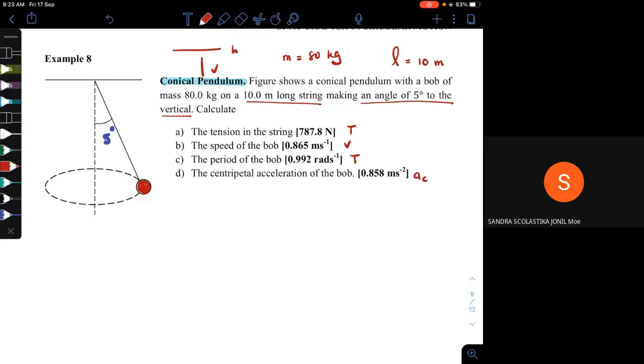Right, so first and foremost, kamu kenalah lukis the free body diagram, okay. So we have, again kita akan lukis on the mass on the object, iaitu the bob, we have weight. Okay, what else do we have? We have tension. Tension always moving away from the object. So this is our object. Ni tali kita. So moving away from the object is tension dia macam tu lah. Okay, this is our tension, okay.